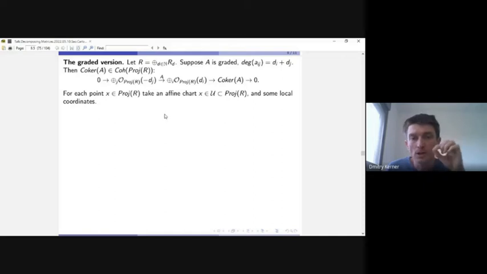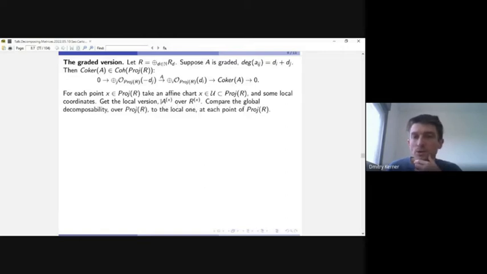And now we can localize. Yes, after all, we have some projective scheme, for example, P2. And at each point of this P2, take some affine chart, on P2 or Pn, and take some local coordinates there. And then we get the local version. Yes, previously A was graded, and it was over this R. And now we fixed some affine coordinates and localized, and we have the local version over the localized ring.